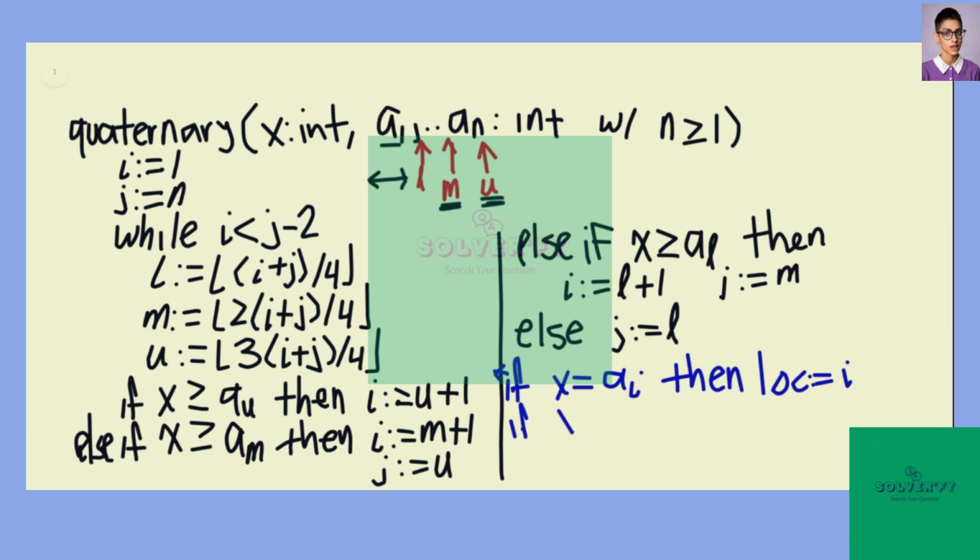So if x, and in this case, we could say either i plus 1 or j minus 1, really. This will be the same thing. And this should be an else if. So that's else if x is equal to a sub i plus 1, then we'll set the location to i plus 1.